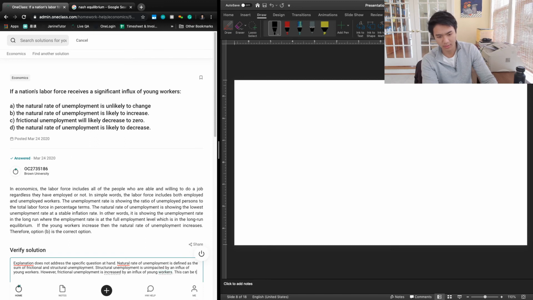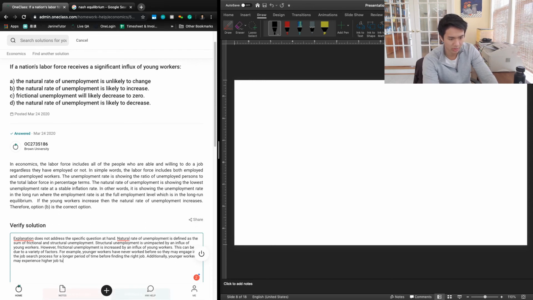This can be due to a variety of factors. For example, younger workers may have never worked before, so they may engage in the job search process for a longer period of time before finding the right job. Additionally, younger workers may experience higher job turnover compared to older workers.